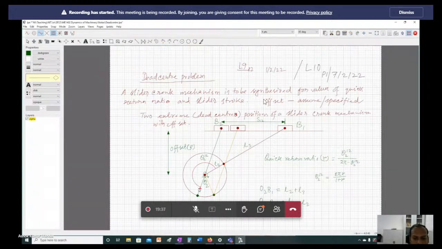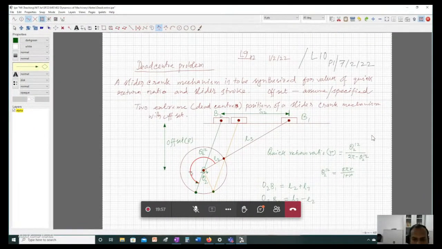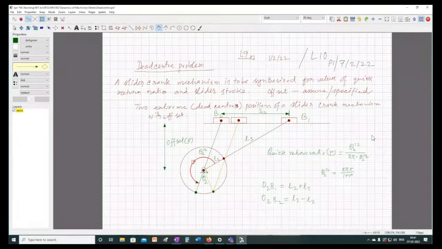What is this angle? This angle is theta 2 1 2, from this point to this point. So from one extreme position of the crank to another extreme position of the crank, this is theta 2 1 2, the stroke.